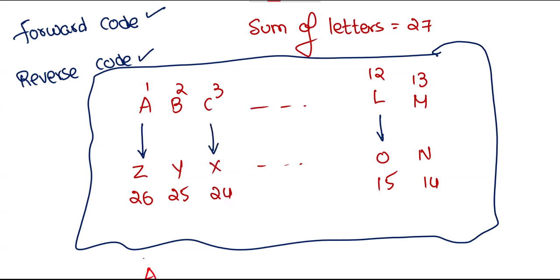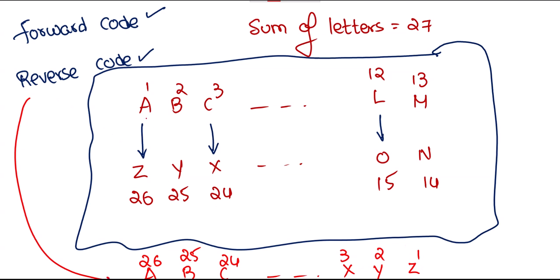We can write A26, B25, C24, and so on up to X value 3, Y value 2, Z value 1. This is called reverse coding. That will also be covered here if we take vertically opposite. Y reverse code is 2. You see vertical thing, Y forward code 25, the other value 2 is reverse code.